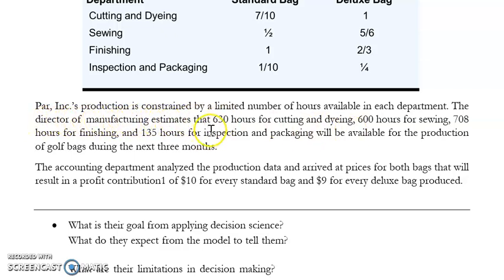For the cutting and dyeing, only 630 hours, so we cannot do it. If I ask you, what is the maximum number of deluxe bags that we can produce according to the cutting and dyeing section? You come and see here, we have 630 hours totally. And here, each one takes 1. So we can produce 630 deluxe bags according to cutting and dyeing.